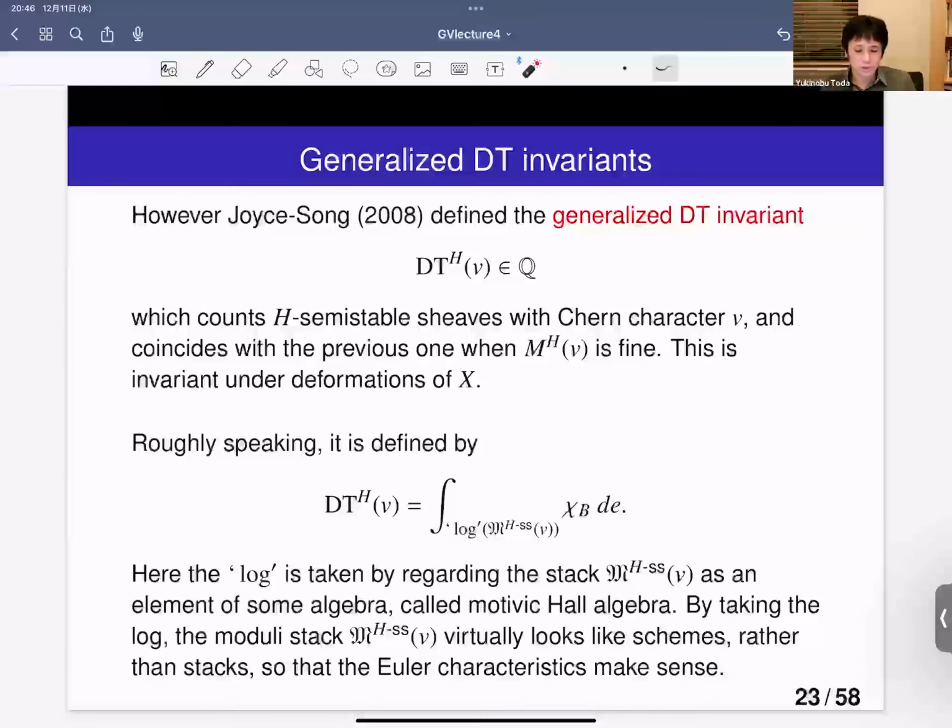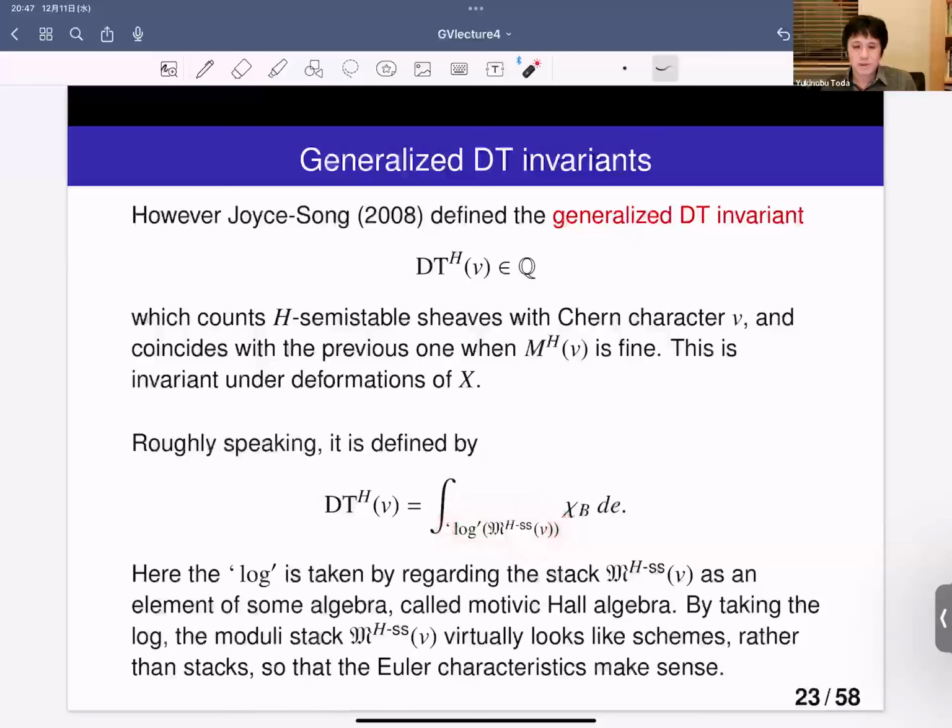So remember, Joyce also defined the so-called generalized DT invariant, which counts semi-stable sheaves with given Chern character, and it coincides with the previous one when the moduli space is a fine moduli space. Roughly speaking, instead of considering the moduli stack, the point is that they take the logarithm of this moduli stack in some way. So that is what I'm going to explain a little bit.